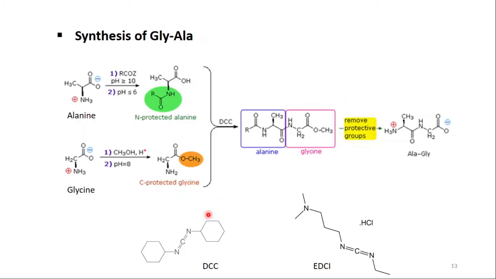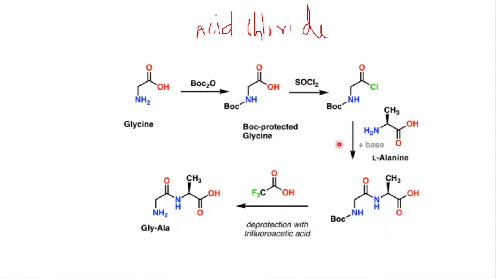So, if you think in an examination this is a bit complicated, that is using DCC coupling and removing using some other groups, you can remember this acid chloride method, which is very facile and a bit eco-friendly because the side products all go into water here. All the side products you see, SOCl2 will be converted to HCl and sulfur dioxide.